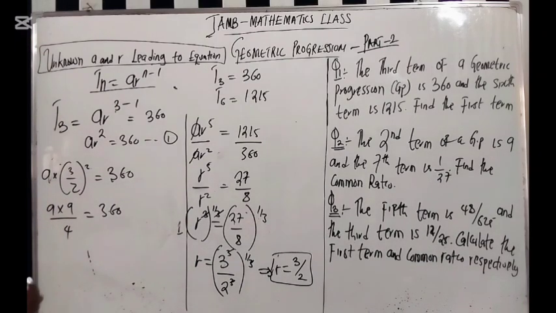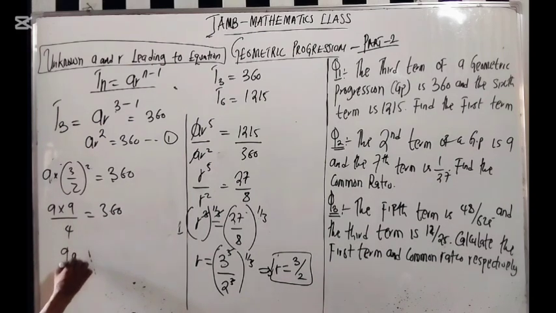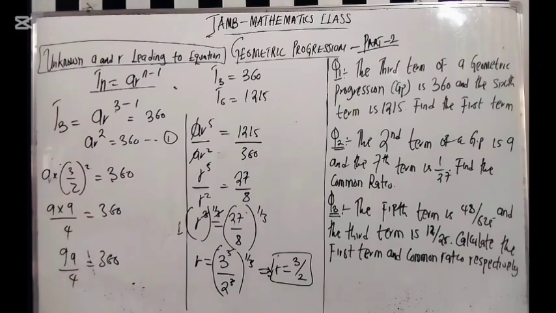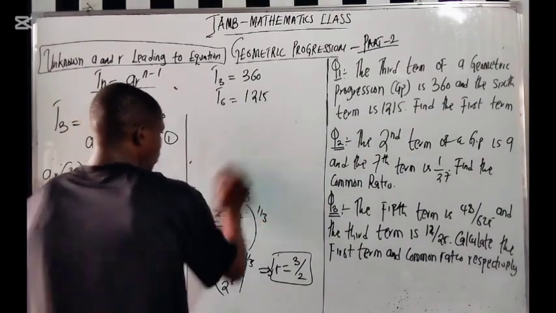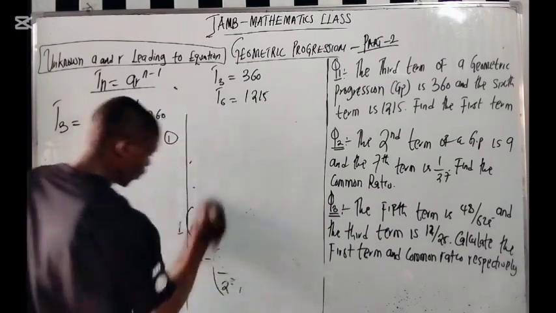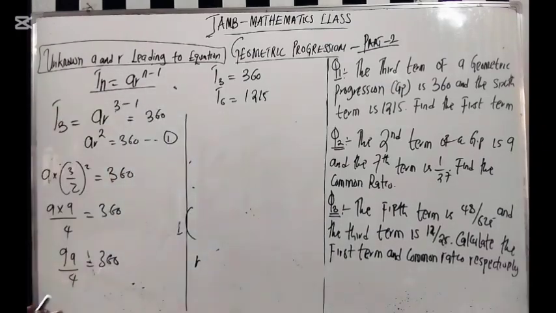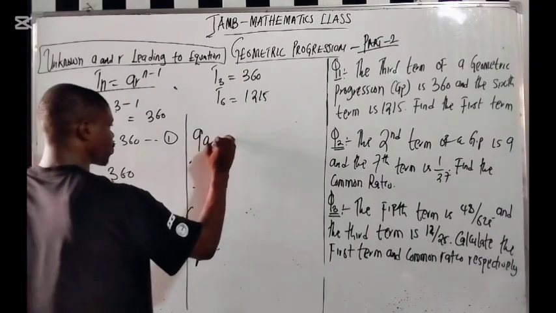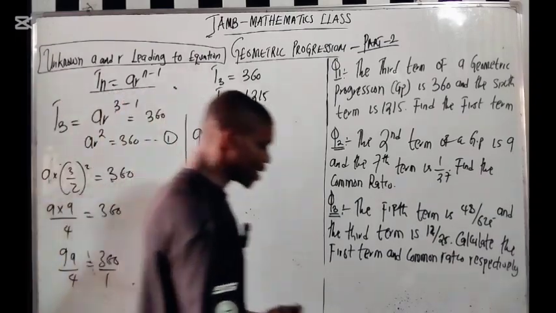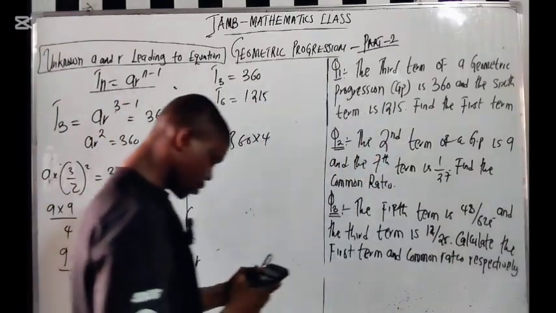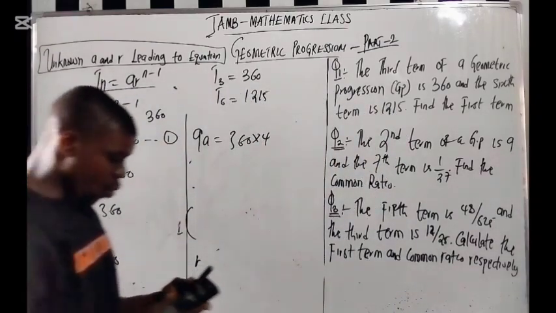So A times 9/4 equals 360, right? What you want to do here is cross multiply. So it will be 9A equals 360 times 4, which is 1440.